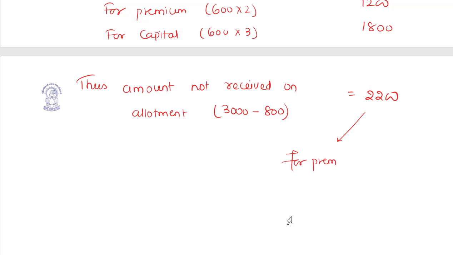For premium, it is 600 into 2, that is 1,200. For capital, it is 1,000.